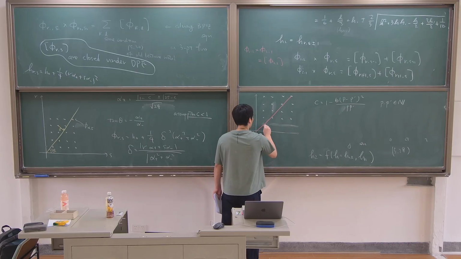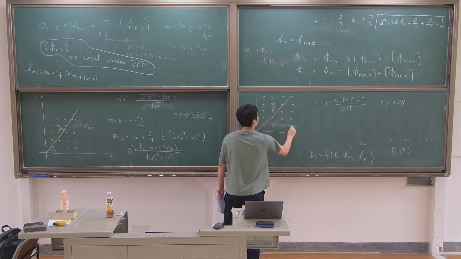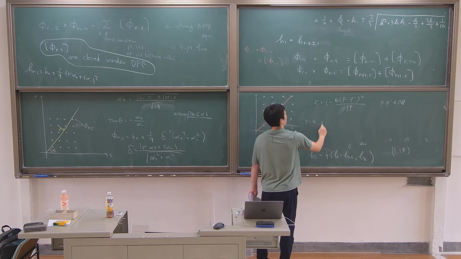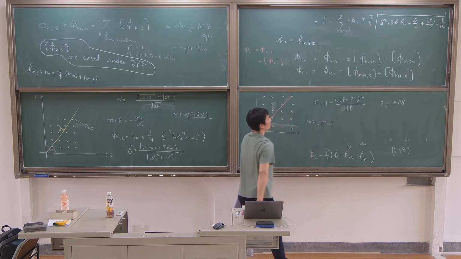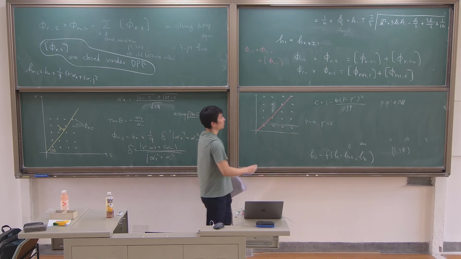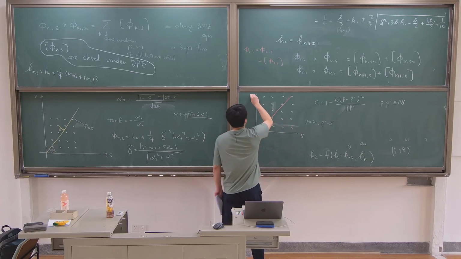Most likely it is something like this. So here P is equal to 4 and P prime is equal to 5. This is S and R.